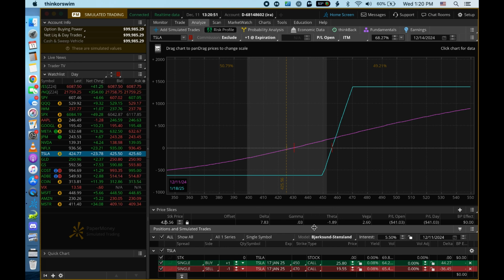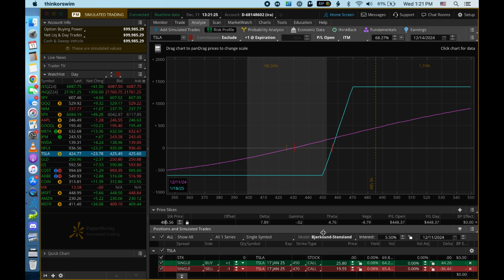Another characteristic I want to point out is theta. If we look at theta, we can see that we have a negative number, which means that we are losing money every day on this position. But look at the purple line. Remember that the purple line collapses down into the blue line at the date of expiration. So let's go ahead and say that Tesla moves up to 485. Now we can see that we have a positive theta number, which means we are now making money every day due to time decay.